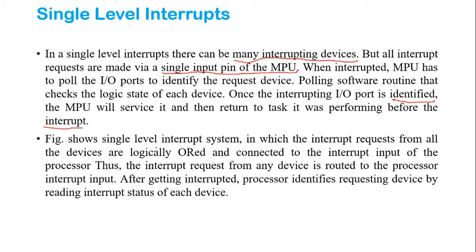The figure shows the single level interrupt system, in which the interrupt requests of all the devices are logically ORed and connected to the interrupt input of the processor. Thus, the interrupt request from any device is routed to the processor interrupt input. After getting interrupted, the processor identifies the requesting device by reading the interrupt status of each device.